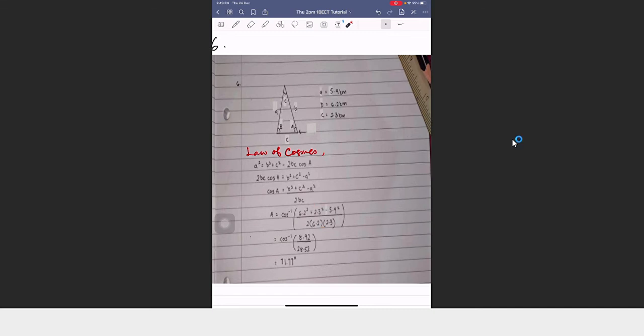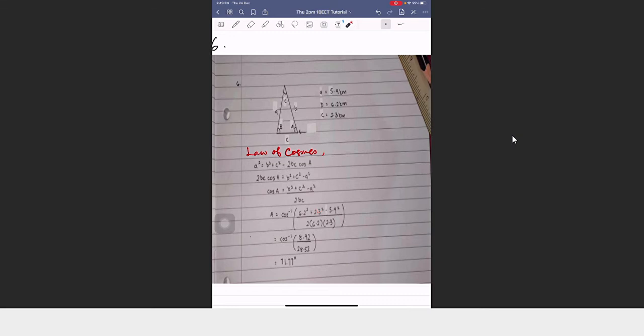Then you substitute correctly. This is quite straightforward because these are all given. You just need to substitute all three legs into the formula. Again, make sure it's correct. You cannot just simply substitute.